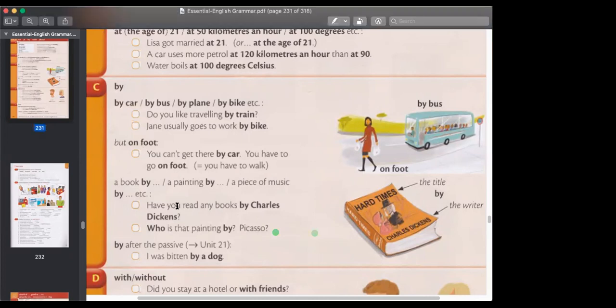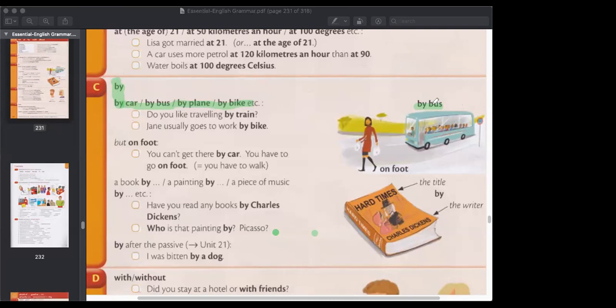Now, as we have seen before, by has different meanings. So what do you mean by by in English? It is used for many other usages as well. For example, by car, by bus, by plane, by bike, by train, etc. So when you are going, for example, by bike, by bus, it means through that thing.